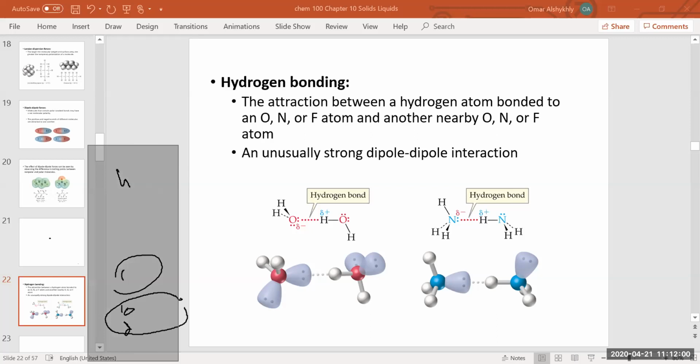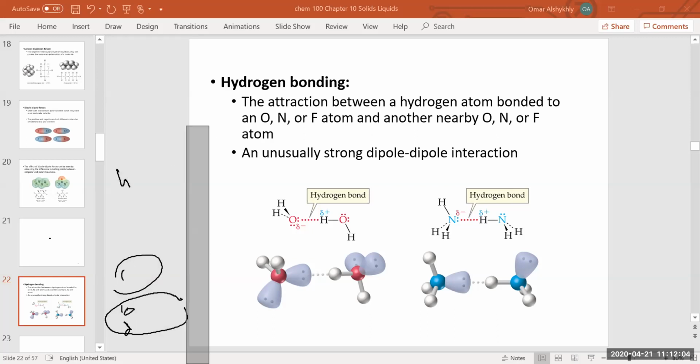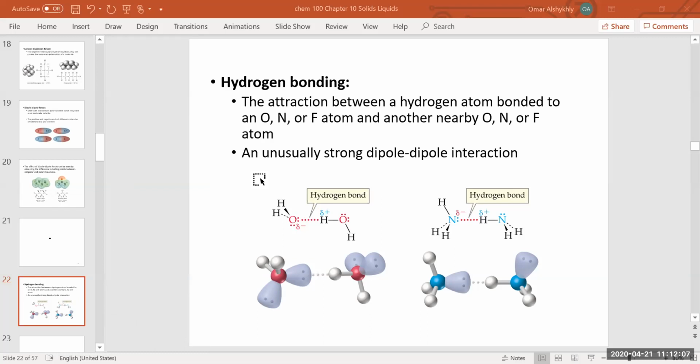Okay, so let's go to the hydrogen bond. Now, hydrogen bond is an intermolecular force between a hydrogen atom bonded to oxygen or nitrogen or fluorine, and another nearby oxygen, nitrogen, or fluorine atom.